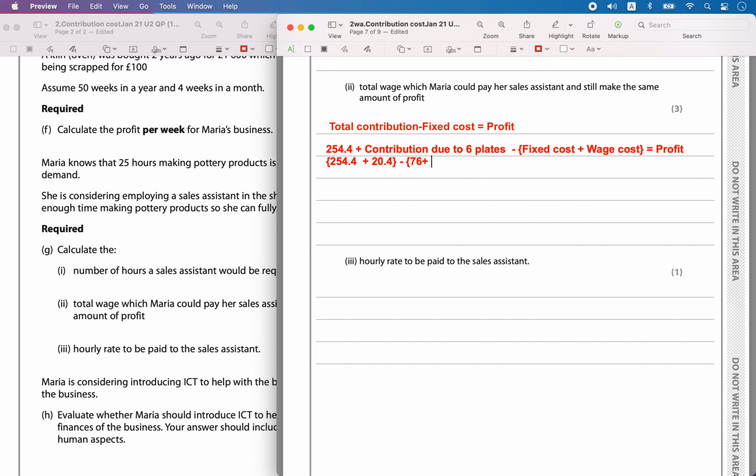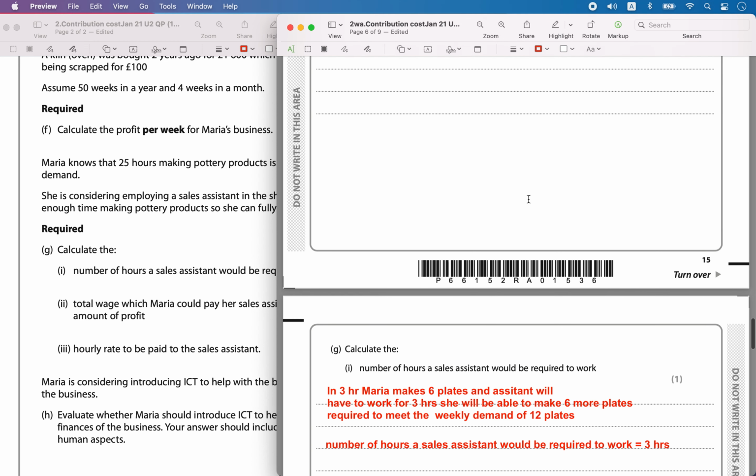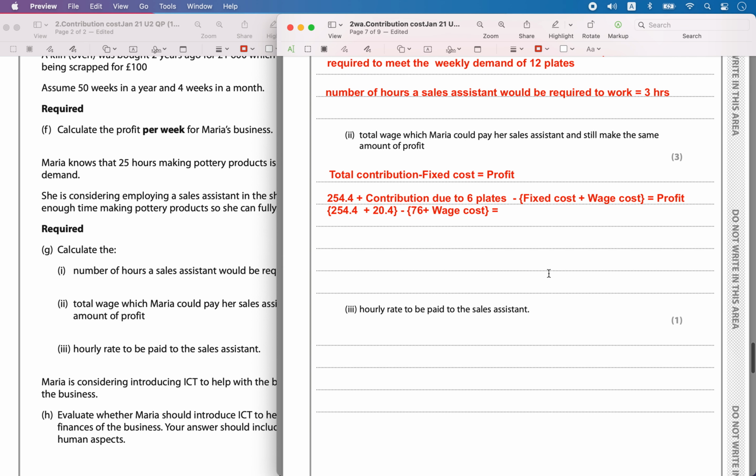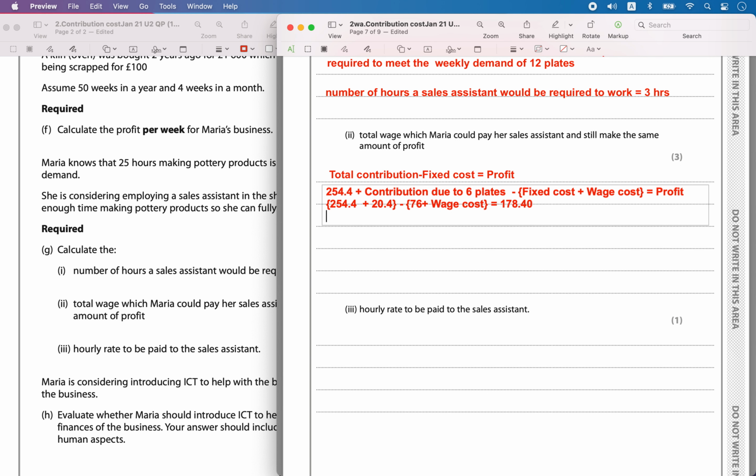So 76 pounds plus the wage cost we have to calculate. We don't know the wage cost that has to be paid to the new people, but she wants the same amount of profit, which is 178.40. So let's write that. 178.40.